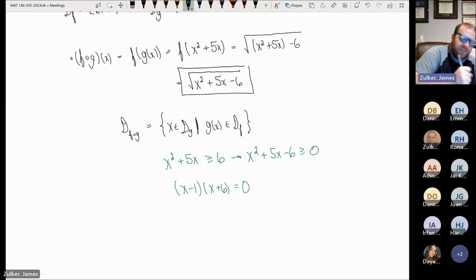We need breakpoints. So that can be factored to x minus 1 times x plus 6. That equals 0. So our breakpoints would be x equals negative 6, x equals 1.